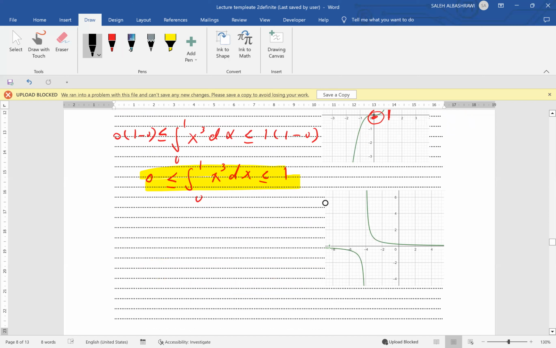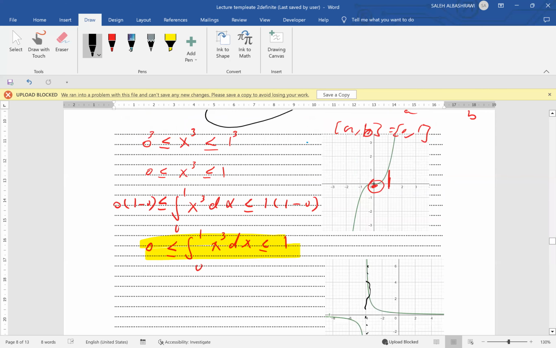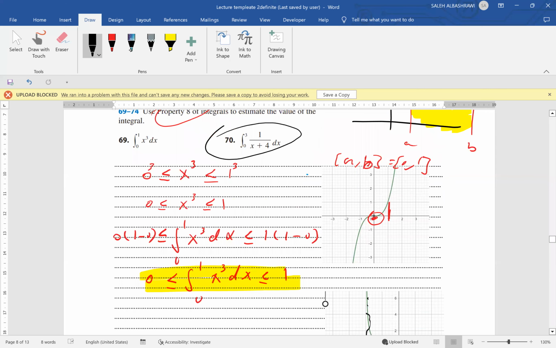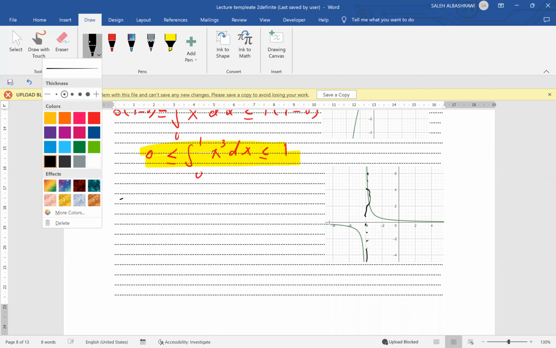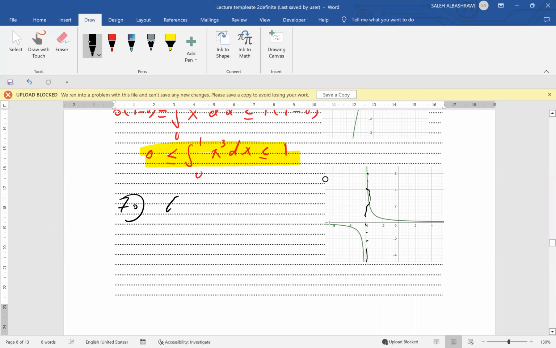But my lower and upper bounds are 0 and 3, so my interval is [0, 3]. On this interval, my function is continuous and decreasing.